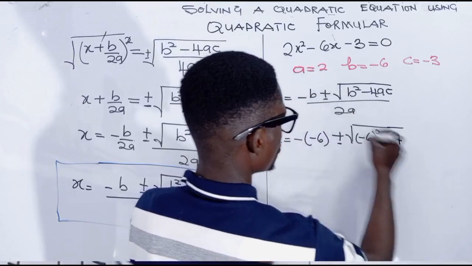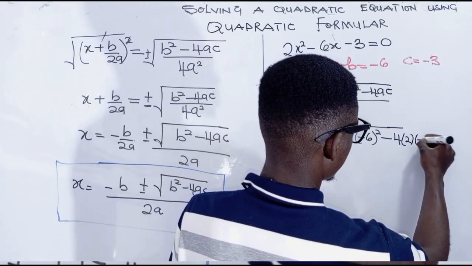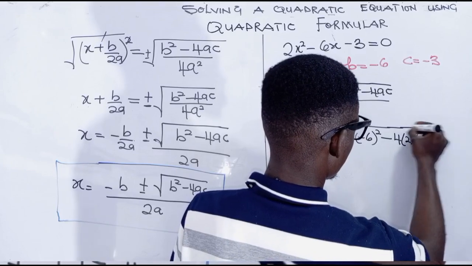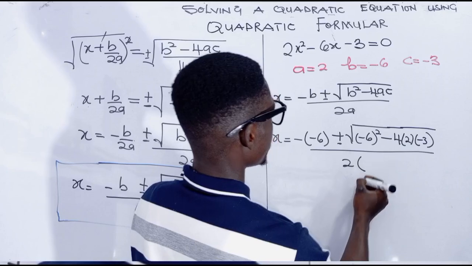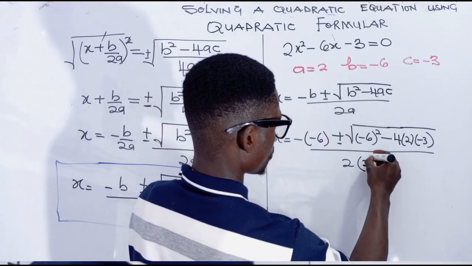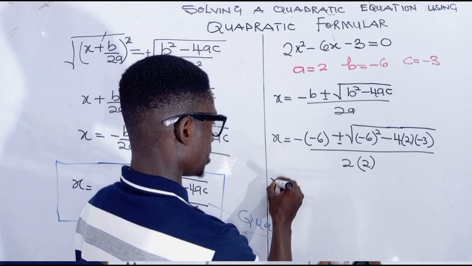Our a is 2, our c is minus 3, and all of this is over 2, and then our a is still what?